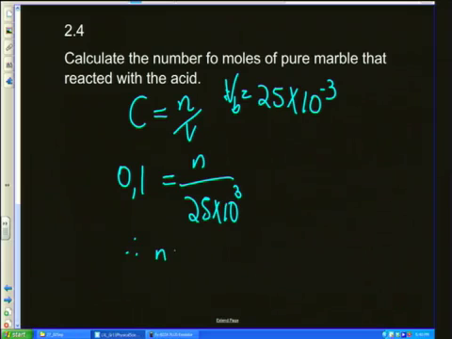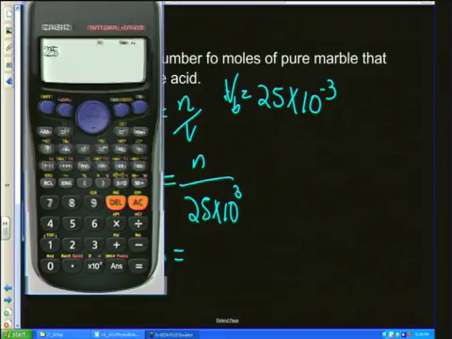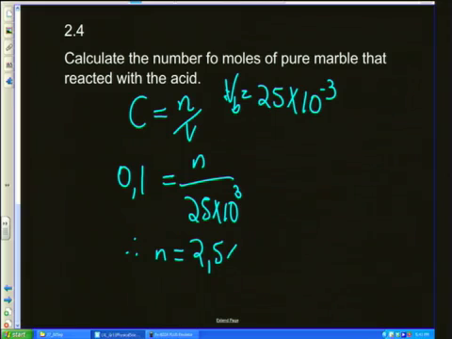Therefore, the number of moles is equal to 25 by 10 to the power minus 3 times 0.1. And what do we get? 2.5 by 10 to the power minus 3 moles.